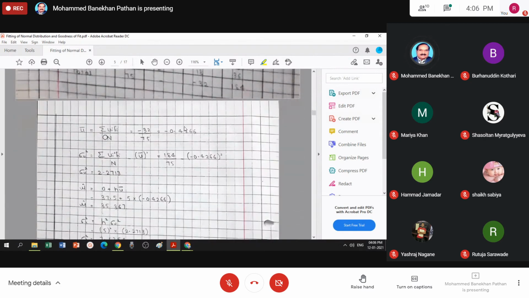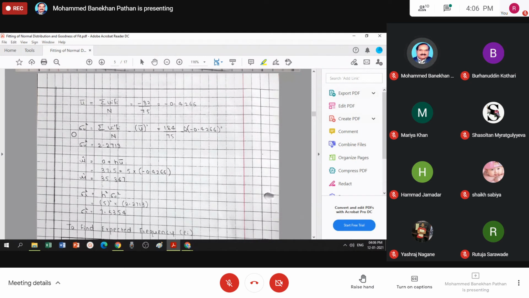I get u bar, summation ui fi upon capital N, that is this much. I get sigma squared u by using the formula: sum of ui squared fi by capital N minus square of u bar. Put the values in the proper place with the help of the calculation table. Simplify, you get sigma squared u.